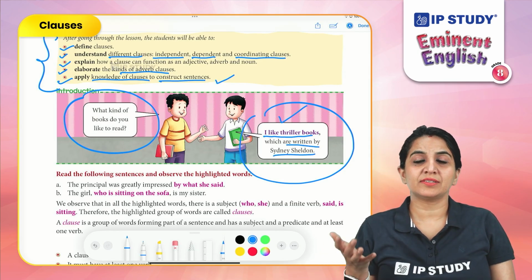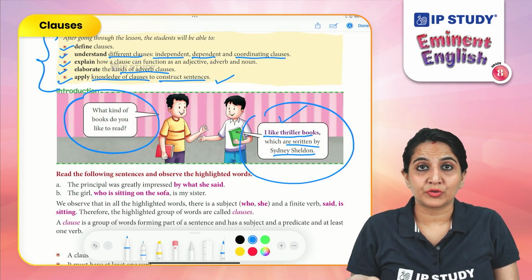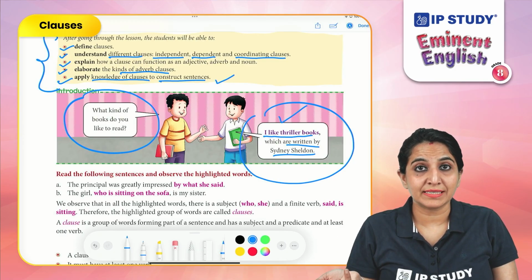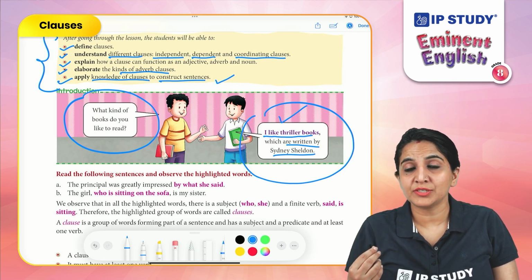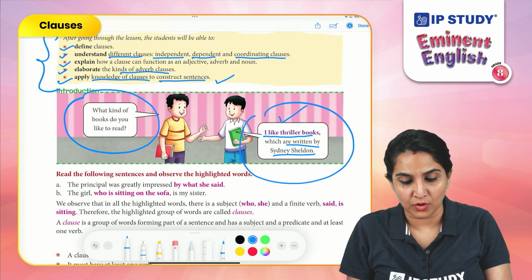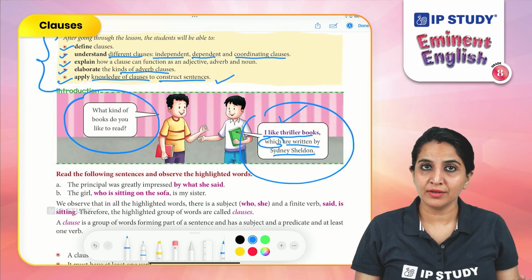They make sense on their own. That means a boy is saying that I like thriller books and they are written by Sidney Sheldon. You can also join these two sentences by using a clause which. So which is an example of a clause.